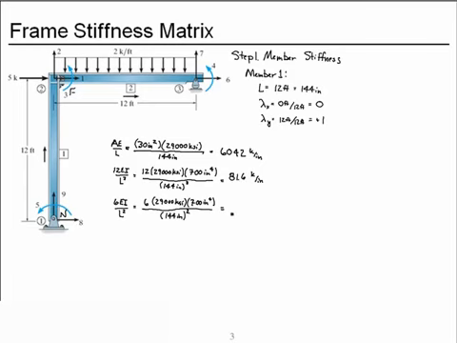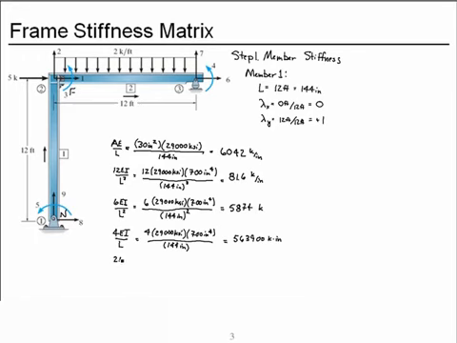This evaluates out to be 5874 kips. 4 EI over L is 29,000 ksi times 700 inches to the fourth over the length, 144 inches, which equals 56,390 kip inches.